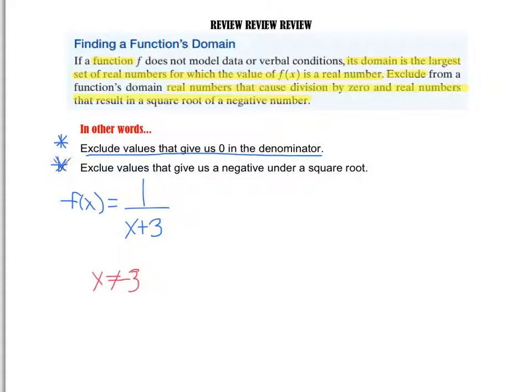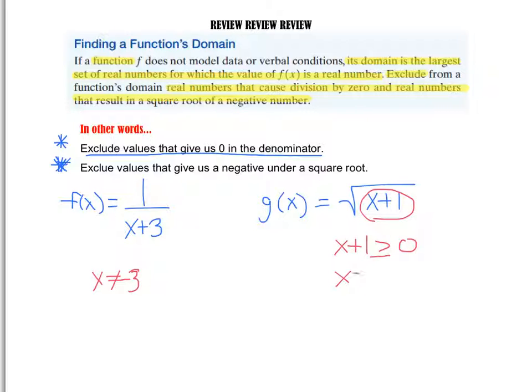Then that second bullet point there, I may have said, what is the domain of the function g? Well, we can't have negatives underneath the square root, so the domain would be x + 1 is greater than or equal to 0, or x is greater than or equal to -1. Quick review so we can do the next stuff.